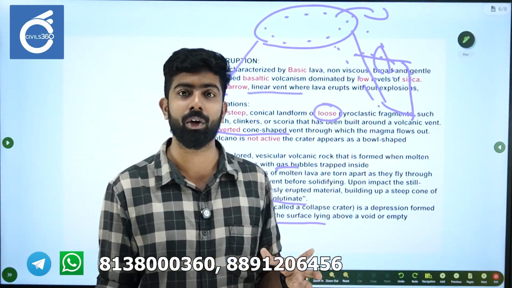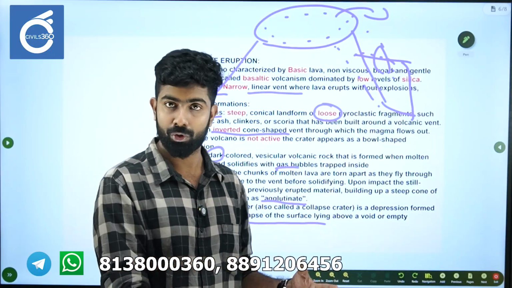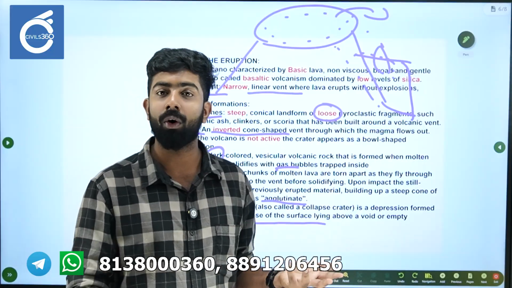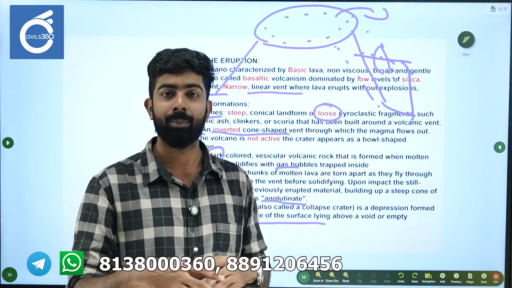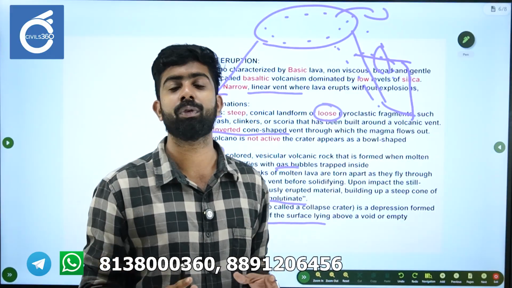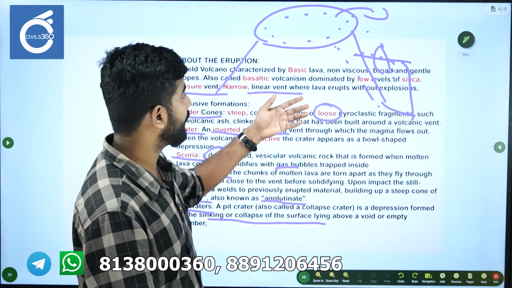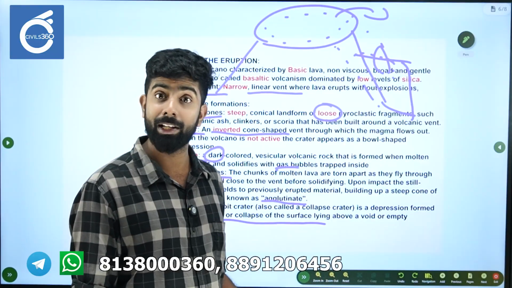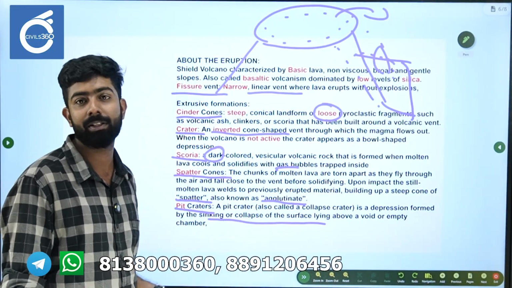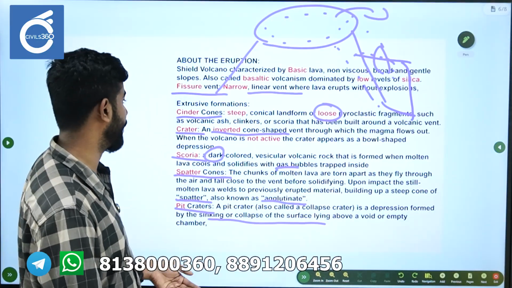Whenever you study a volcano, please study the extrusive and intrusive formations. These are all extrusive formations. Intrusive formations are sill, dike, batholith, laccolith. Remember the picture and the type of structure as well. But this is about the Hayli Gubbi volcano, which was a shield volcano, and these are some of the extrusive formations associated with the shield volcano.